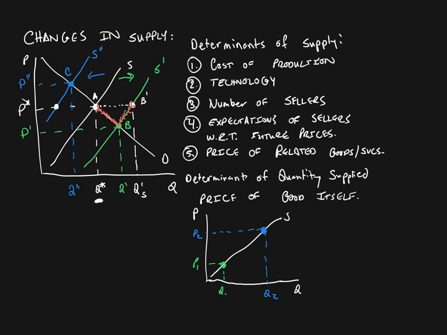At P star, they want to sell whatever quantity is at point C prime. So we will call this Q double prime S. So that's the quantity that they want to sell, but buyers want to buy Q star. That's clearly more. So buyers want to buy more than sellers want to sell. So we have a shortage.